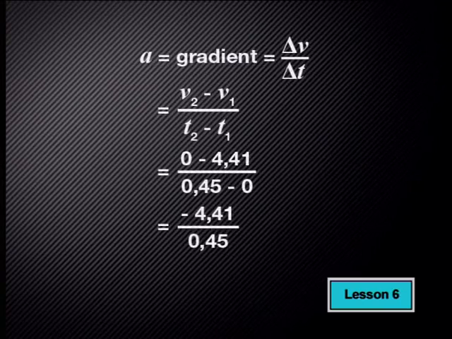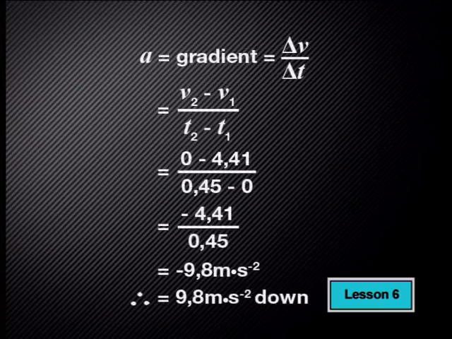This gives us negative 4,41 divided by 0,45, and the acceleration is equal to negative 9,8. The negative indicates to us that the acceleration is acting downwards, as we expected. Therefore, the acceleration is equal to 9,8 meters per second squared down.